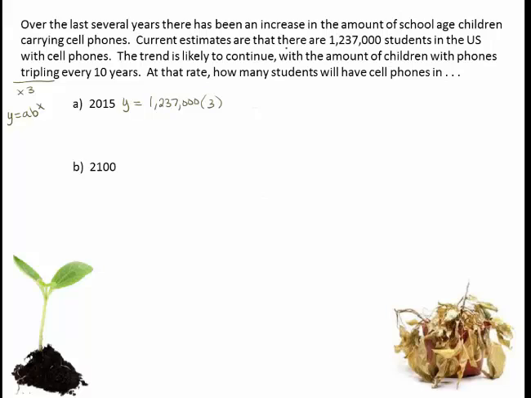It says current estimates. So since it's currently 2014, I'm going to go ahead and say that that was our starting year. Now it's going to triple every 10 years. Now if we're at 1 year, t will equal 1/10.